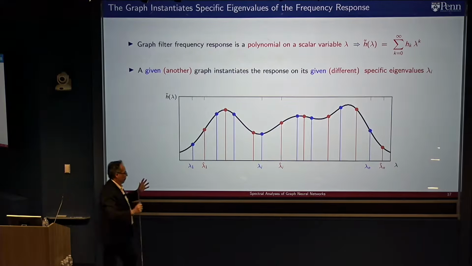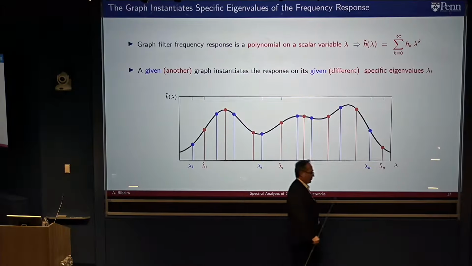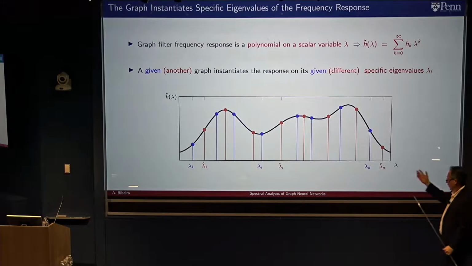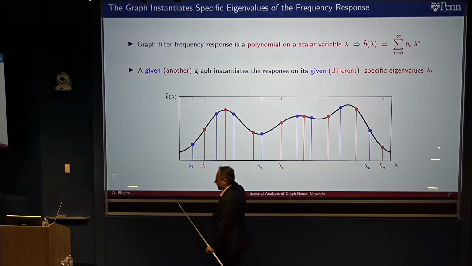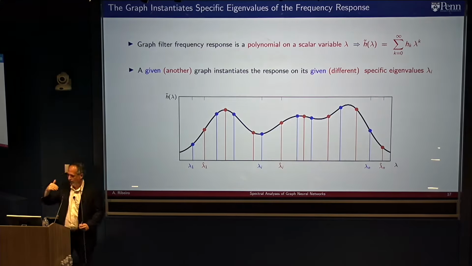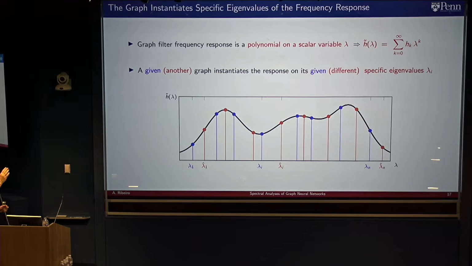And this is maybe the first interesting thing that I have to say, because I'm going to utilize this later on to explain transferability of graph filters and to explain stability of graph filters, which is that the frequency response of the graph filter exists in isolation. It doesn't exist on a specific graph. It's kind of like an abstract quantity. It's that black curve over there.